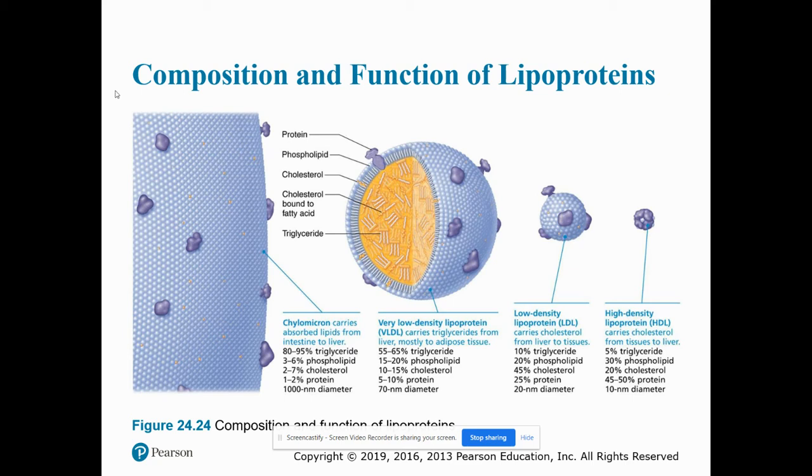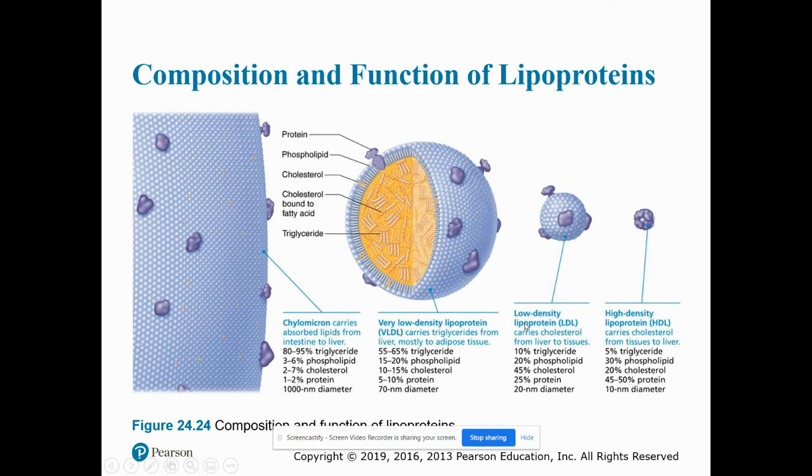So we have, starting here, the chylomicron. Okay, the chylomicron, about 1,000 nanometer diameter, mostly triglyceride, 80 to 95% triglyceride. We have the very low density lipoproteins, 70 nanometer diameter. You can see that's substantially smaller than the chylomicron, and these are composed mostly of triglyceride.